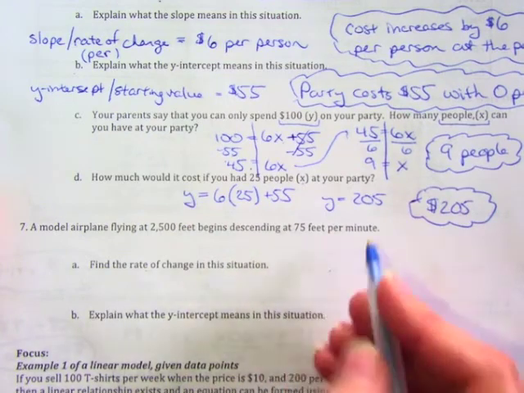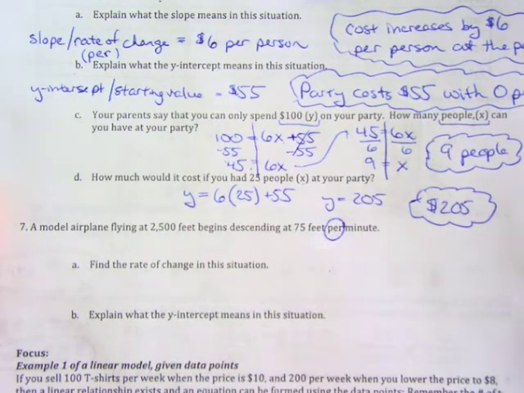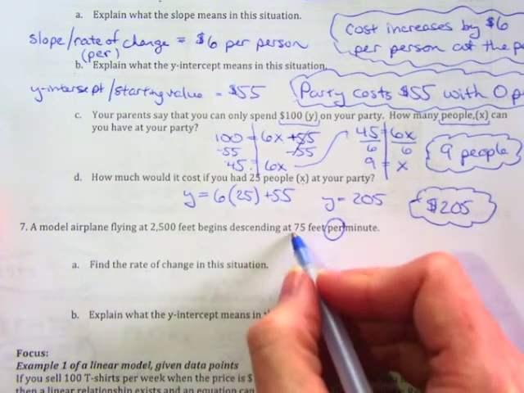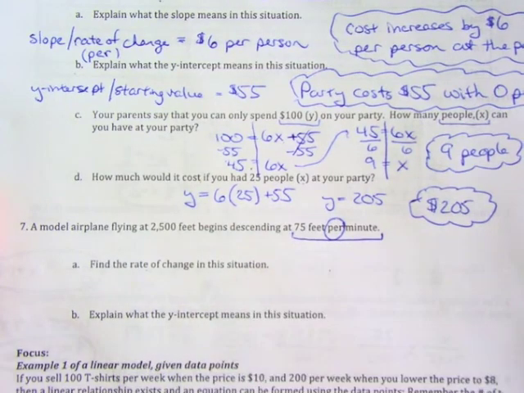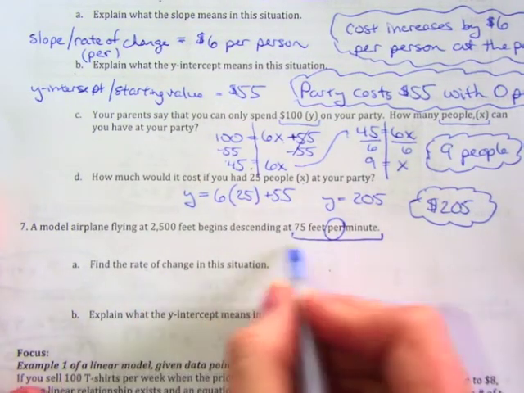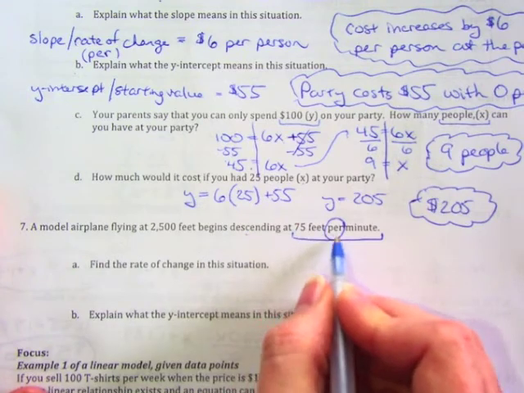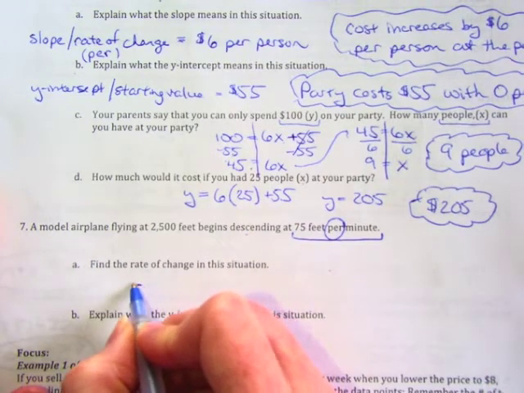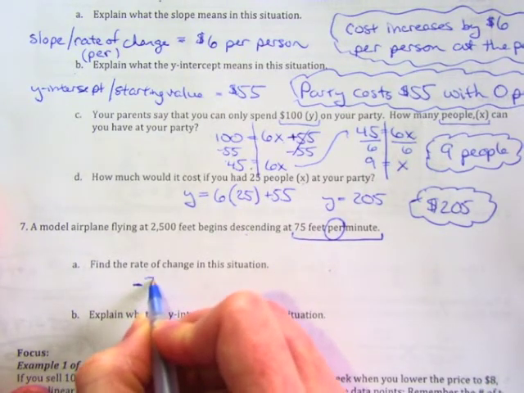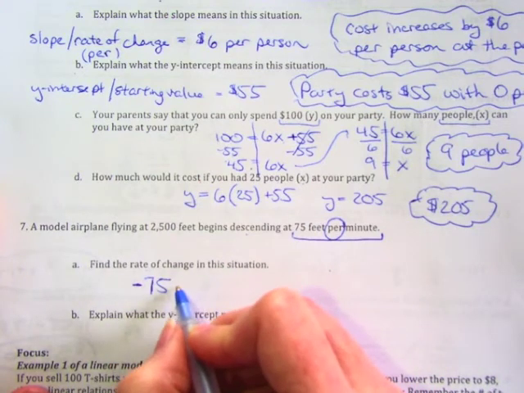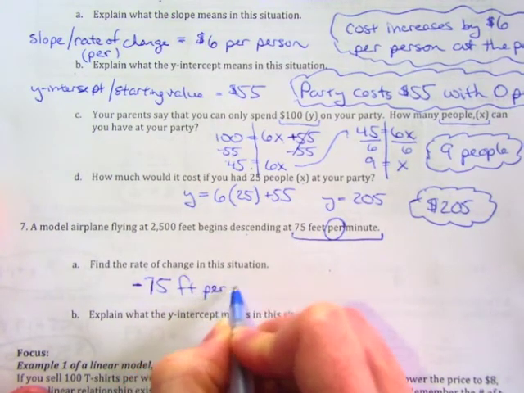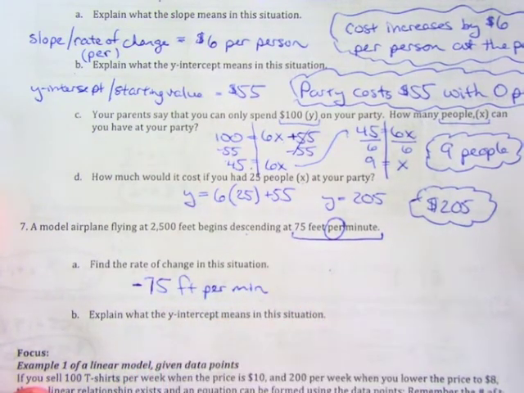As I look through the problem, here it is. Identifying the per allows me to see what's being changed. The change that's happening is we're descending at 75 feet per minute. So we're descending, we're decreasing. So I need to have a negative slope, negative 75 feet per minute. That is our rate of change in this situation.